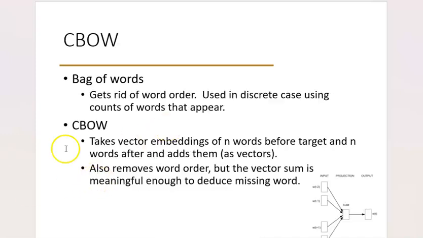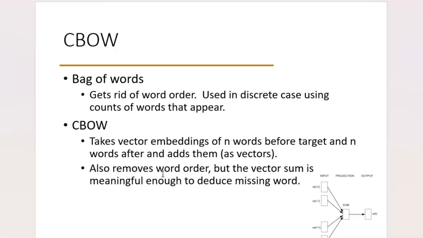So for the bag of words, essentially we get rid of word order. It's used in the discrete case using counts of words that appear. Essentially it's going to take embedding vectors of n words before the target and n words after the target, and remove the target word.